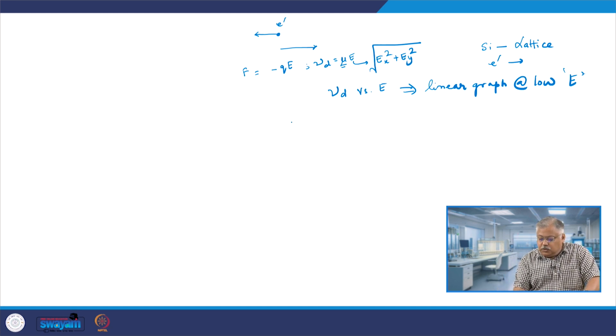We define this new term, that drift velocity equals mobility times electric field, where mobility is assumed to be constant at this stage.